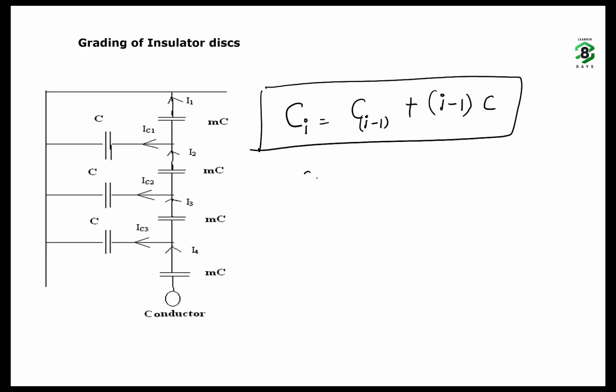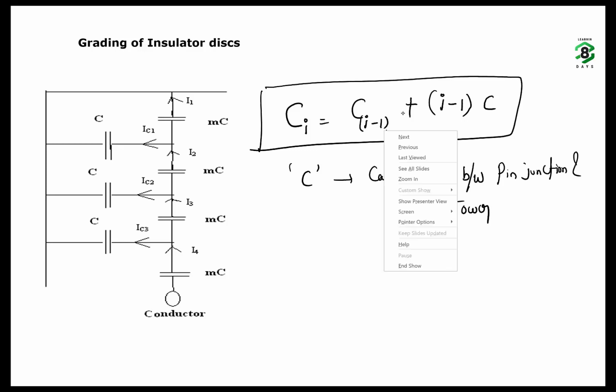Here C is the capacitance between the pin junction and tower, which we already know. If you grade according to this, you are going to get 100% string efficiency.